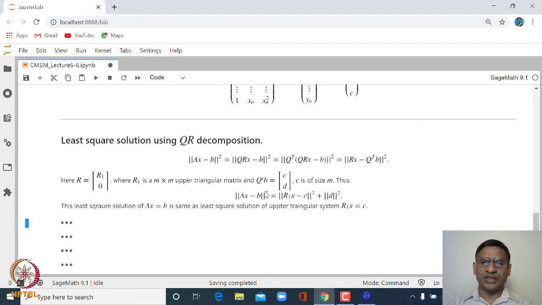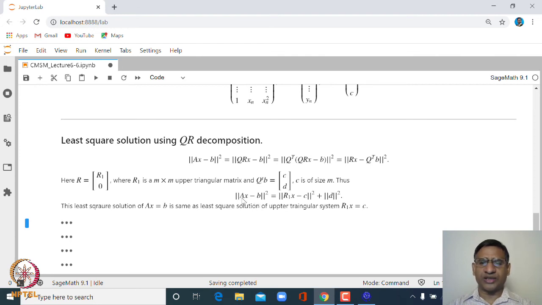Now, because R is upper triangular, you split R as R1 and 0, where 0 is a zero matrix and R1 is an m cross m upper triangular matrix, and Q transpose b you also split as c and d, where c is of size m and d is of size n minus m.